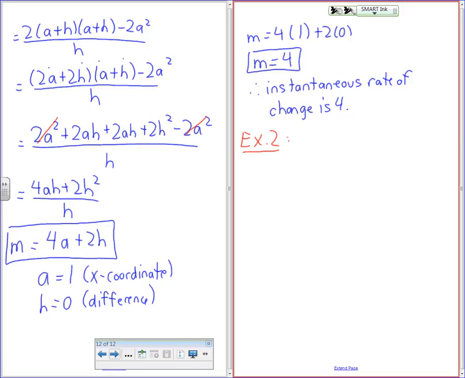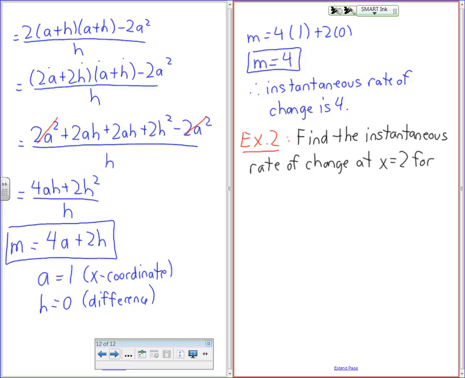Find the instantaneous rate of change at, we'll say x equals 2 for f of x equals, oh boy, we'll say x squared minus 3x plus.